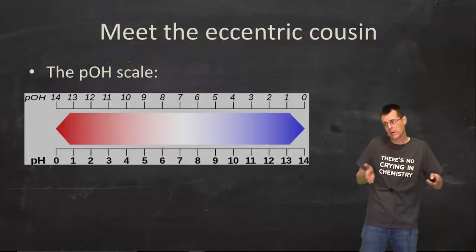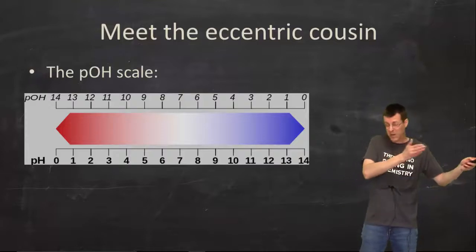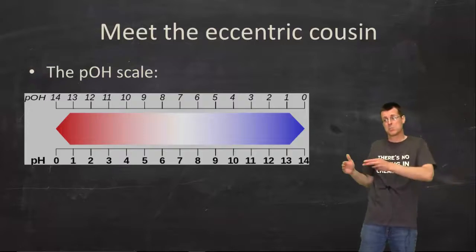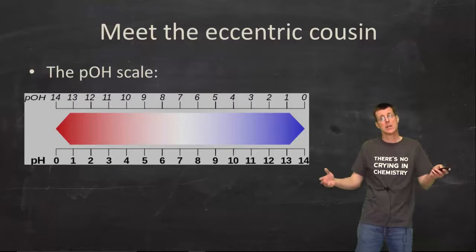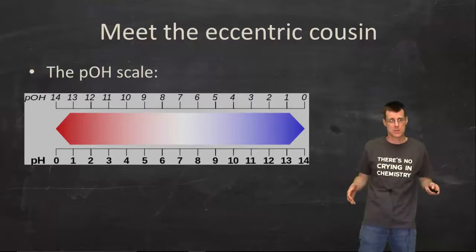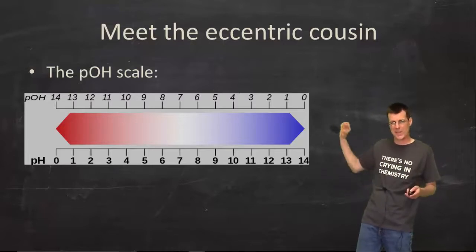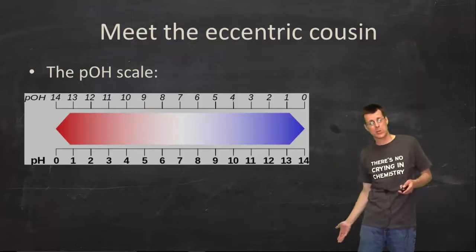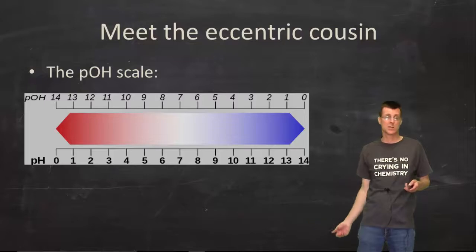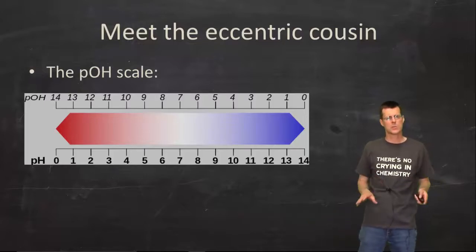And anything above 7 is now acidic, and everything below 7 is basic. So it's the same scale, except now tuned into bases. And where bases get more basic, the numbers get smaller, just like where pH, as acids get more acidic, the numbers get smaller. So all those same rules apply.